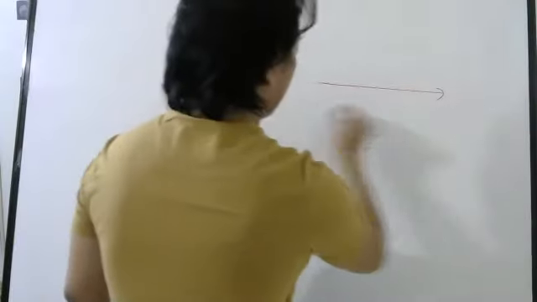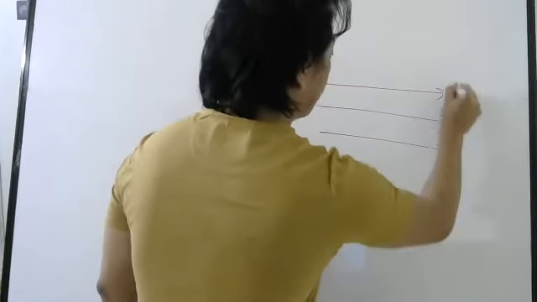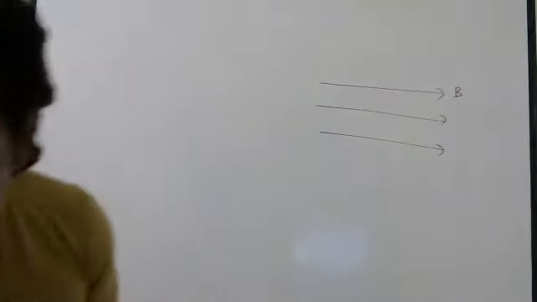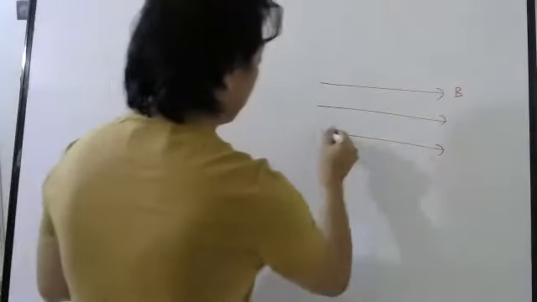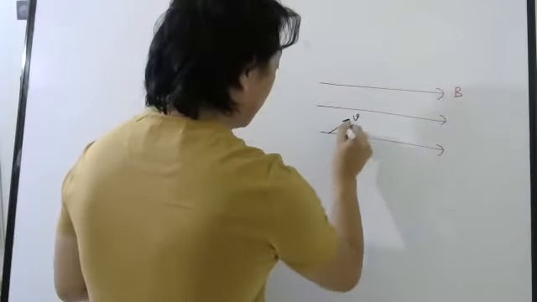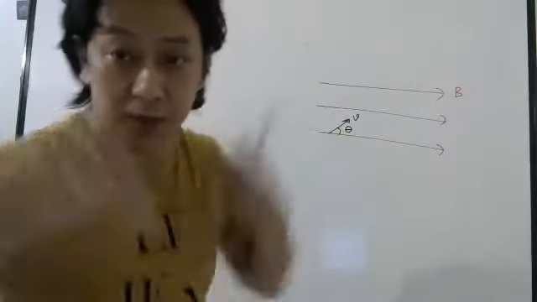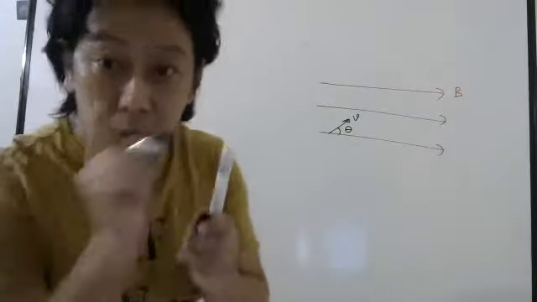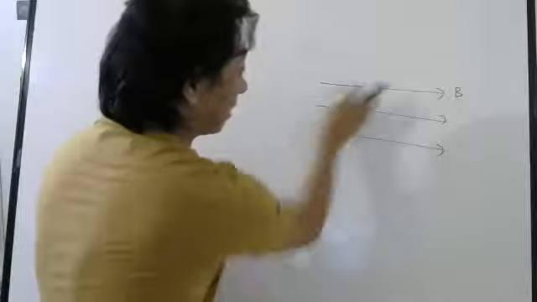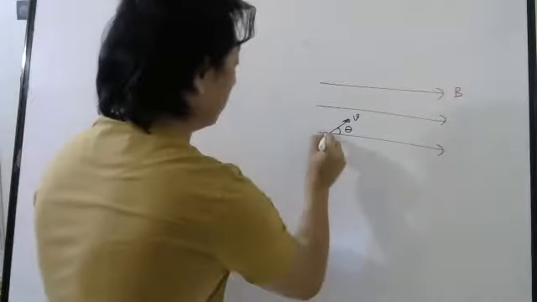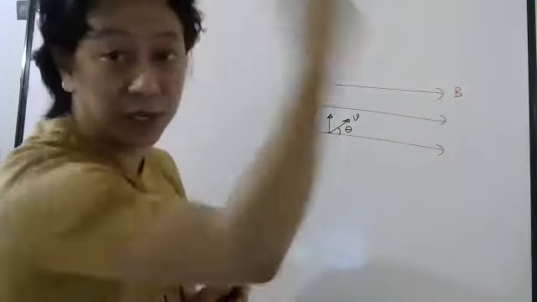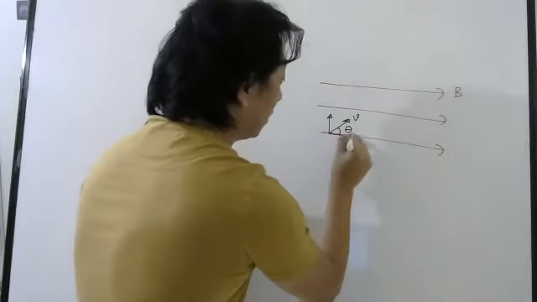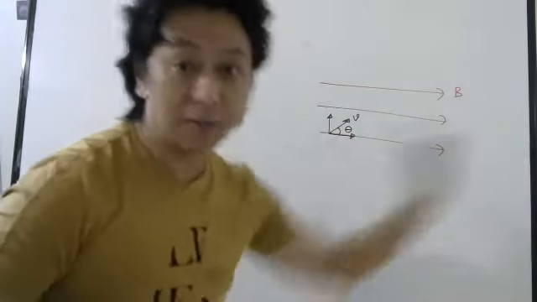Okay, I hope everybody remembers from the last class, if I apply magnetic field like this, and if the charge comes at some angle with the magnetic field, then I told you this component will make it go in a circle, this component will make it go along the magnetic field.